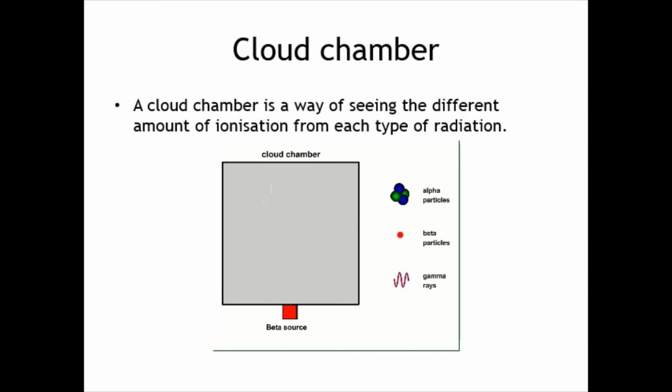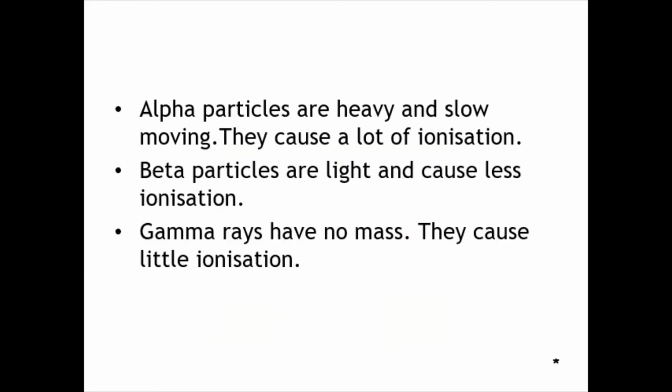Beta, much less, thinner trails, less ionization. When we switch to gamma, you won't see the trails at all because the gamma source really doesn't do any ionization at all. So you need to know what ionization is, but also that alpha particles cause the most ionization, beta less, and gamma the least.